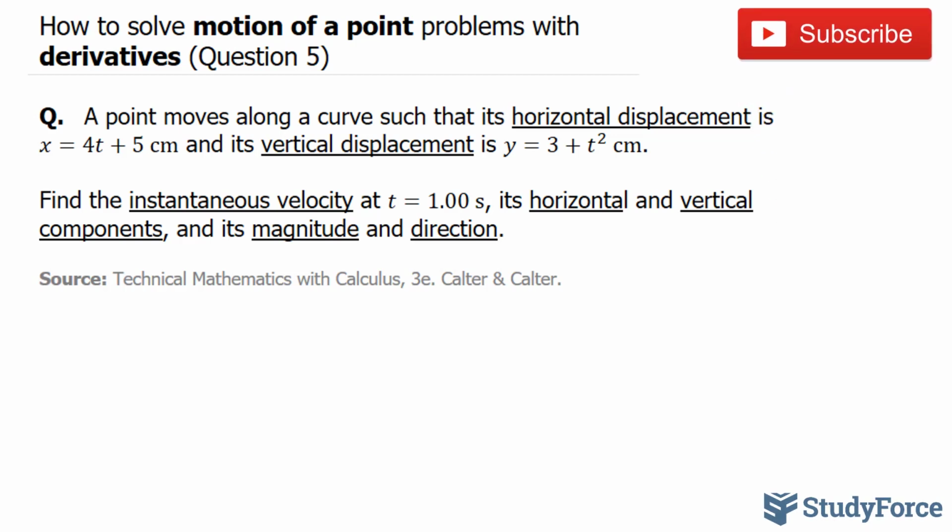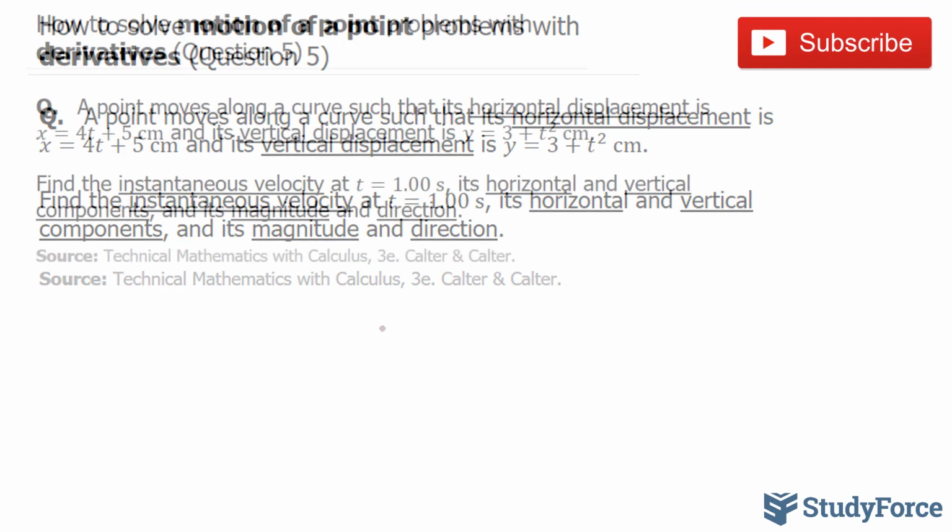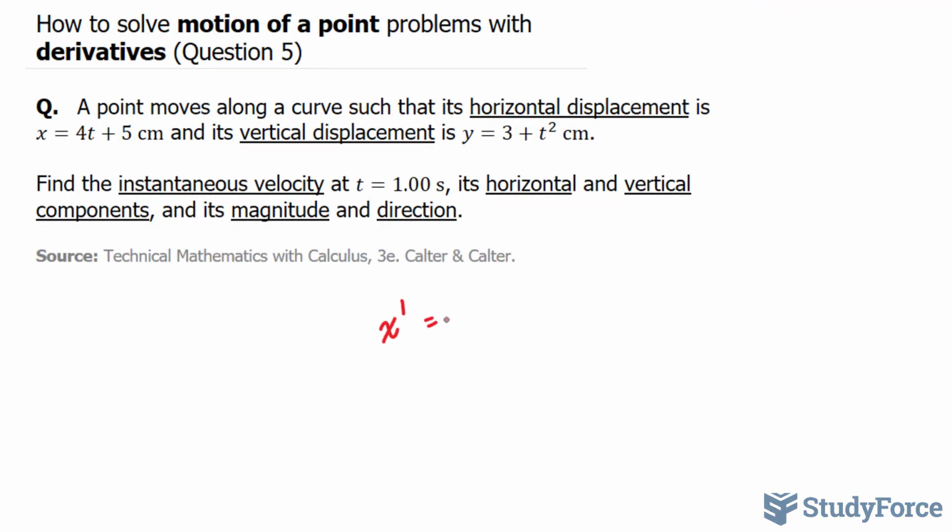So if I take the derivative of x, I end up with x prime, or v subscript x is equal to simply 4. I use the power rule for both of these terms. This becomes 4, that becomes 0. Similarly, y prime, or v subscript y is equal to, this number goes to 0 since it's a constant, and this goes to 2t because of the power rule.